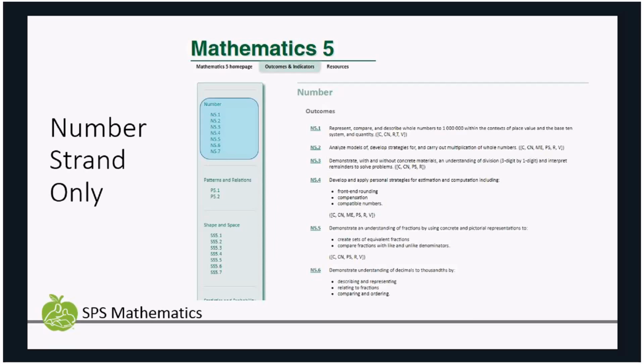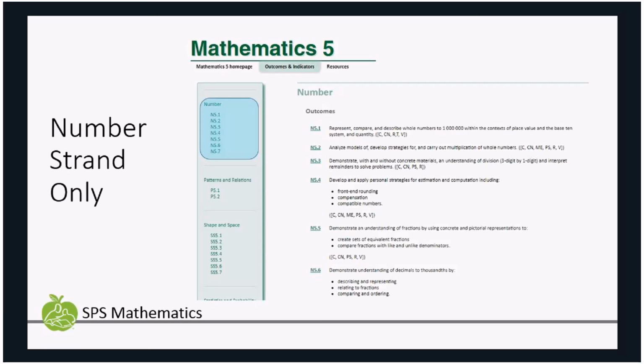In this particular grade 5 screenshot, you can see that there are 7 outcomes for the number strand of the curriculum, and those are the only 7 outcomes we are considering on that rubric. That doesn't mean that the other outcomes, patterns and relations, shape and space, and statistics and probability, aren't important, but in this particular case, we're paying attention to the number outcomes only.